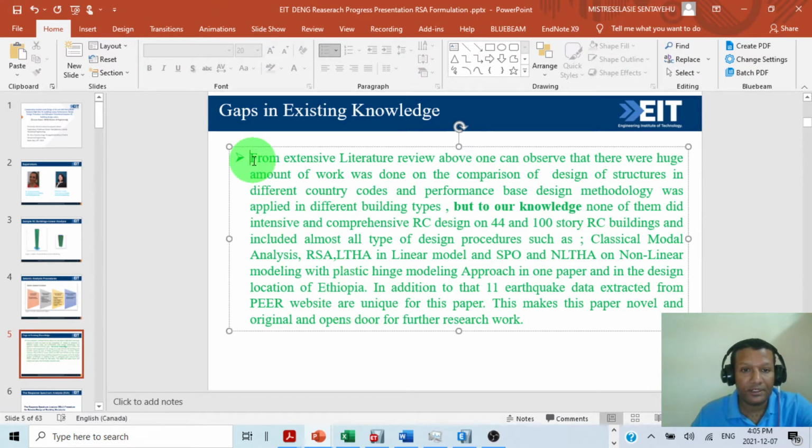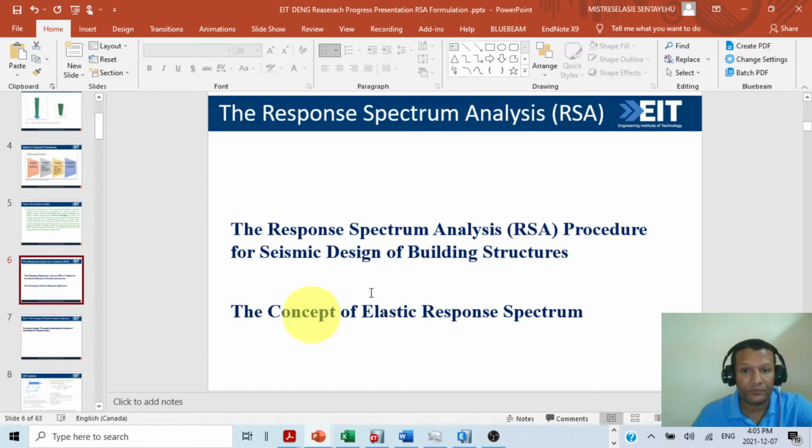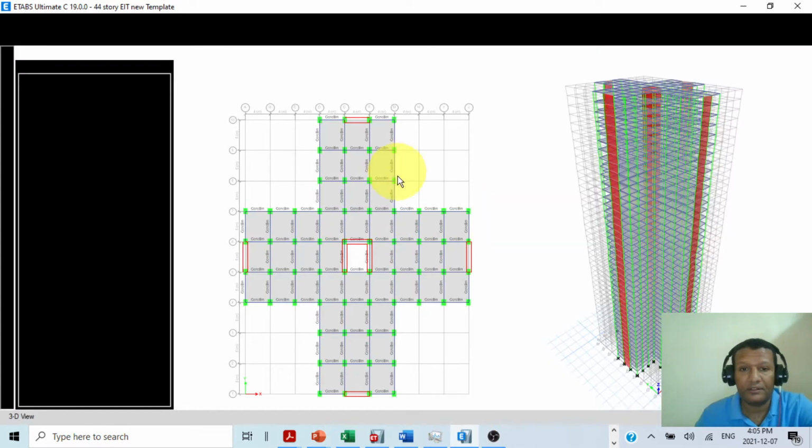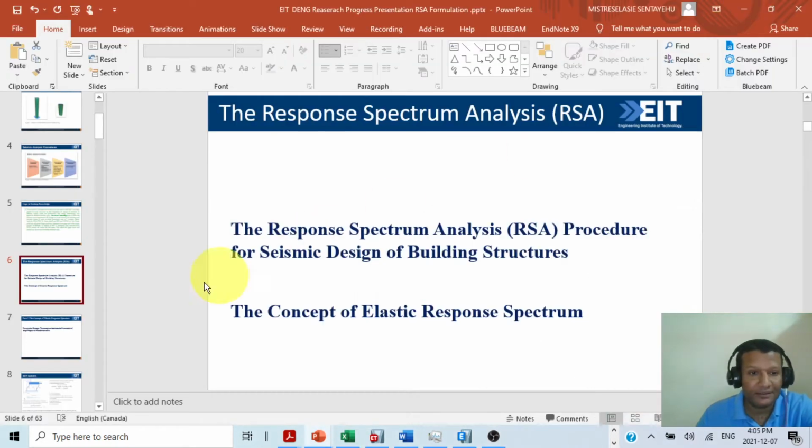So the work is novel already. Before I go to my research building, let's discuss what response history analysis is and the mathematical formulation. I will try to make it very fast.